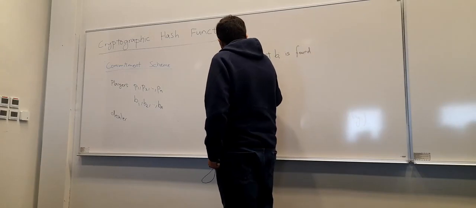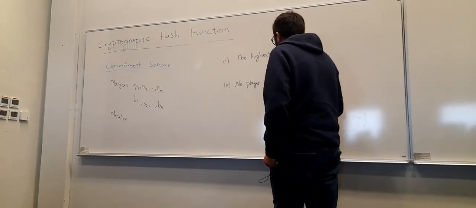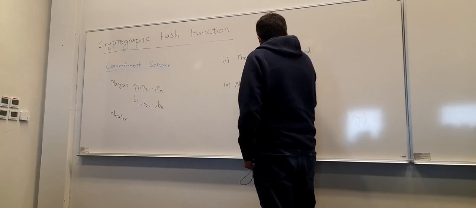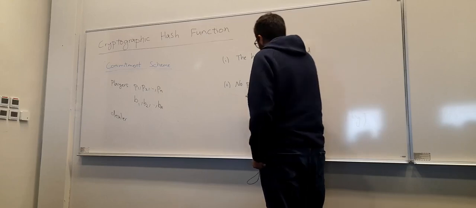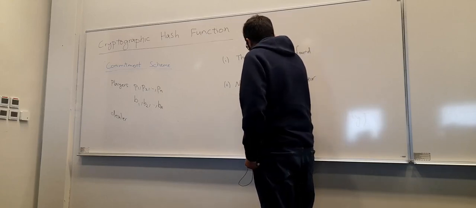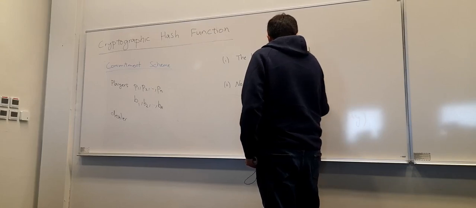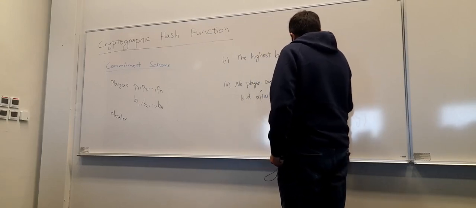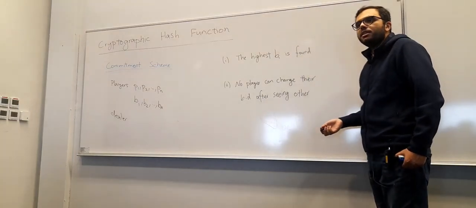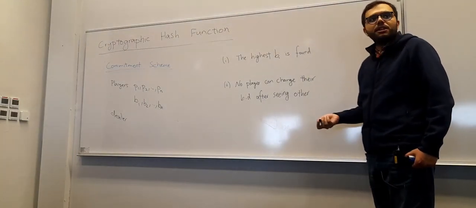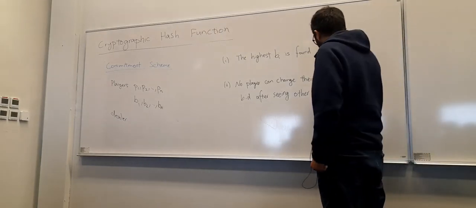Okay, so another way of saying this is that no player can change their bid after seeing other players' bids. And by other players, I don't mean all of the other players. Even if you see one other player's bid, you should not be able to change your bid anymore. Okay?